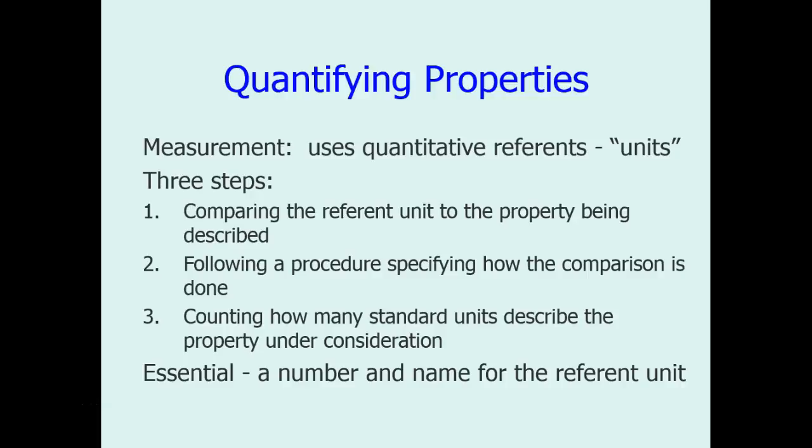Measurements. They use these quantitative references, which are called your units. Okay? Pencil's not a good unit. Okay? Lemon yellow, not a good unit for color. Okay? Sky blue, not a great unit for color either. So here's what we do. If we were using one of the references, even if it was, just like I did, comparing the referent unit to the property being described.